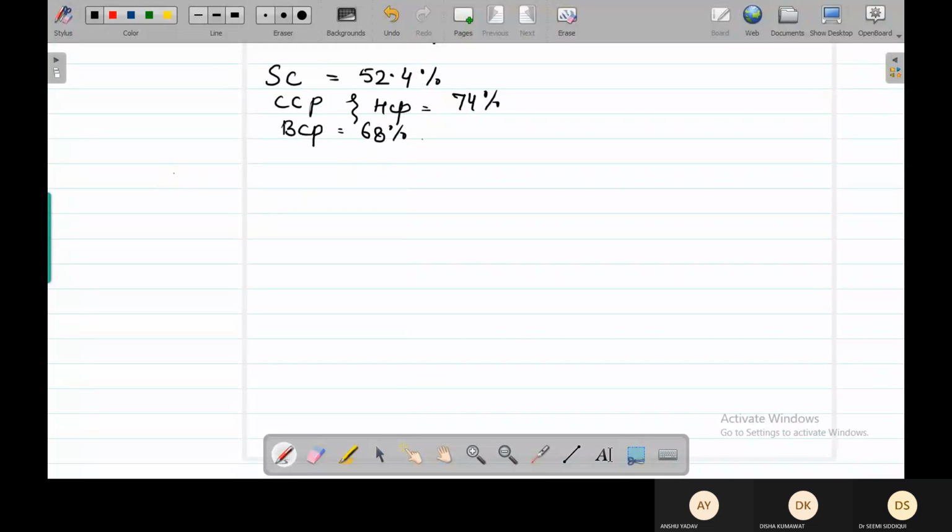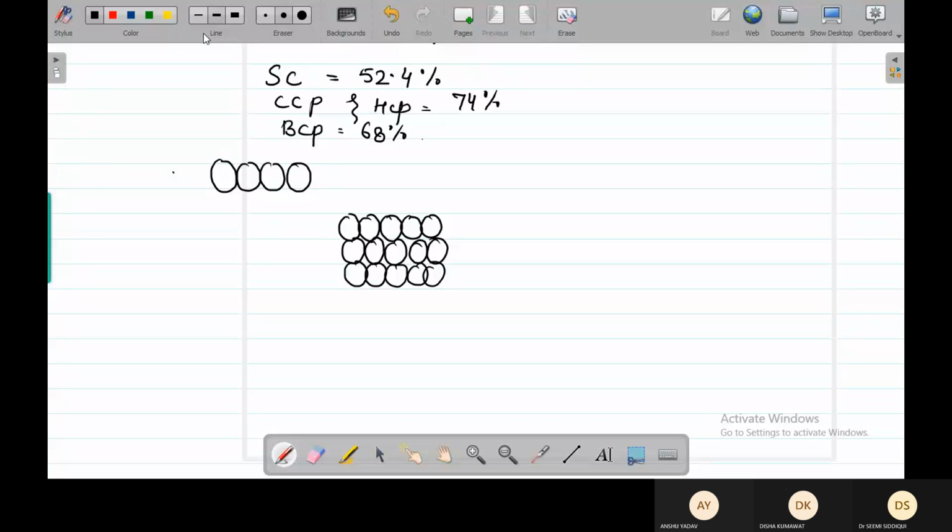Now, close packing of the constituents. In one dimension, they are arranged in a straight line. In two dimensions, they are arranged by stacking rows of close packed spheres. It can be hexagonal or square.